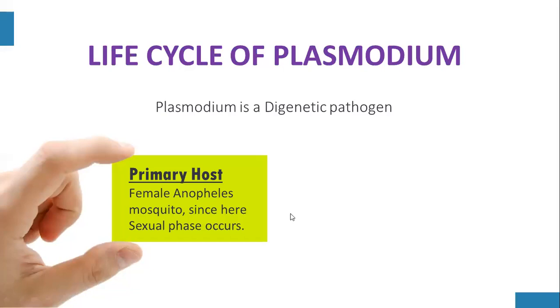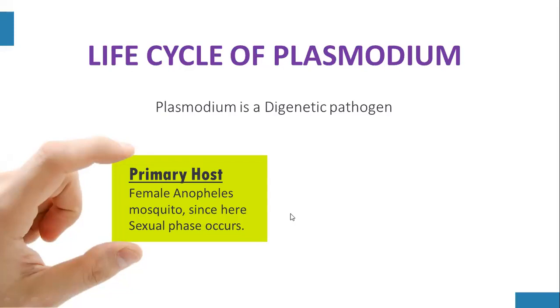The primary host is always the female Anopheles mosquito. What is meant by primary host? Any host in which sexual reproduction takes place is called the primary host, and that is the female Anopheles mosquito.